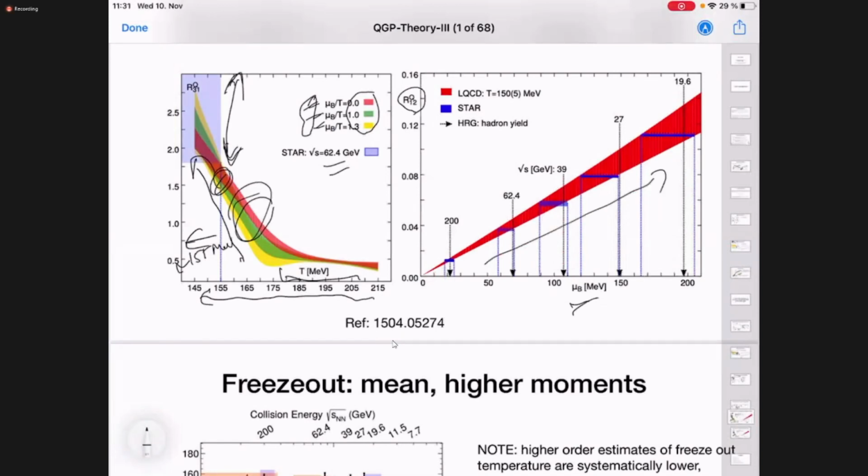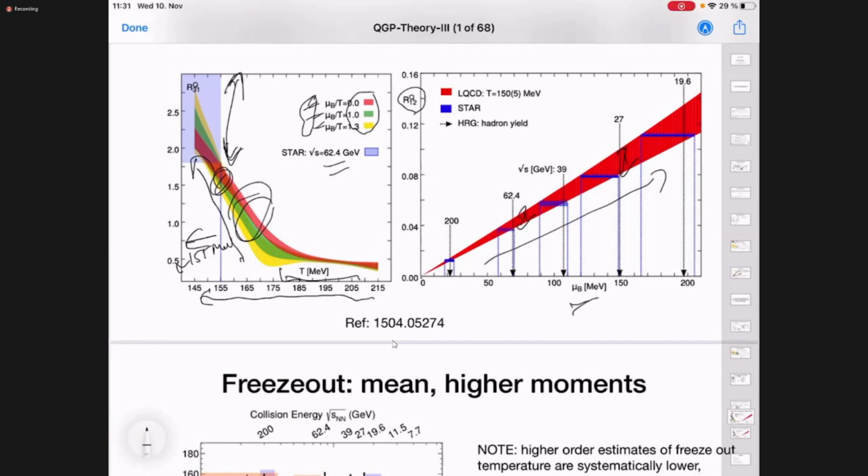Of course, as you go to larger mu_B, the uncertainty in the estimation of RQ12 increases, because these lattice methods are best suited for zero mu_B, and they tend to become more and more uncertain as you go to higher and higher mu_B.